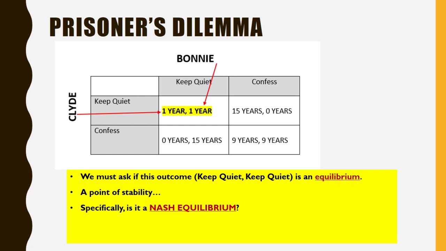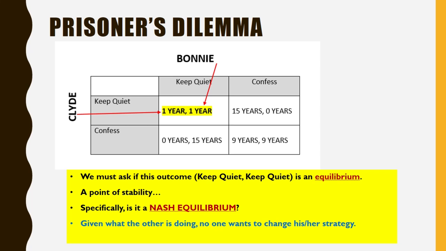So we need to define what we mean by Nash equilibrium. When we talk about a Nash equilibrium, we're saying that given what the other is doing, no one wants to change his or her strategy. So what that means is, given what Clyde is doing, which is keep quiet, Bonnie does not want to change her strategy.